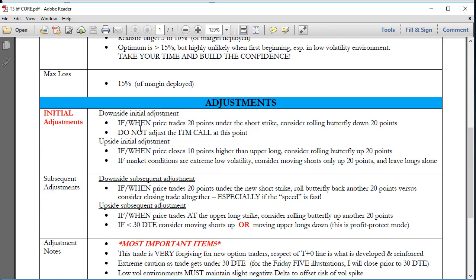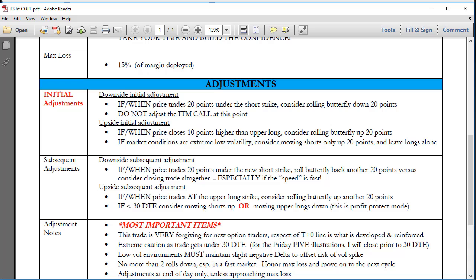Okay, initial downside adjustments. When price trades greater than 20 points under the short strike, consider rolling the butterfly down 20 points. No adjustment to the call at this time. Subsequent, and I'm going to change the wording on this just a little bit, just to make it clear.